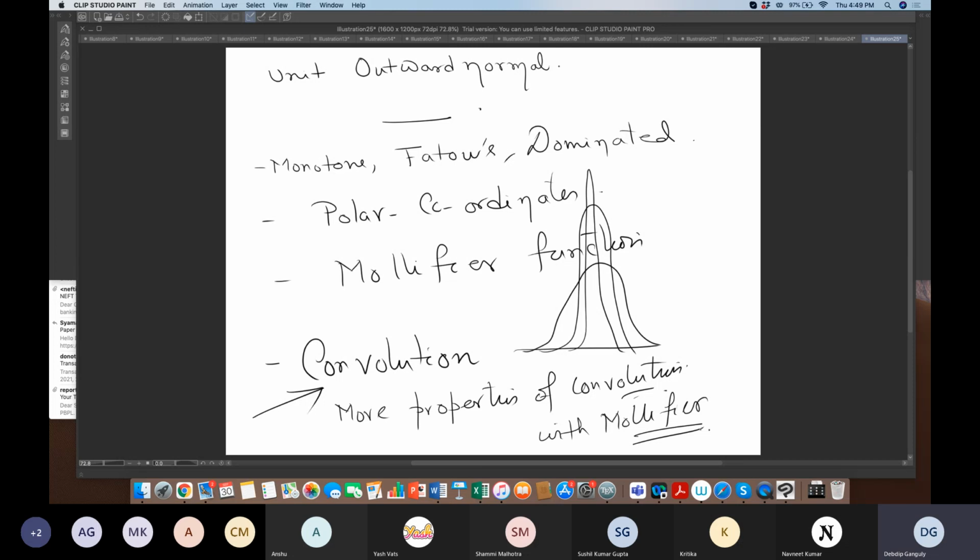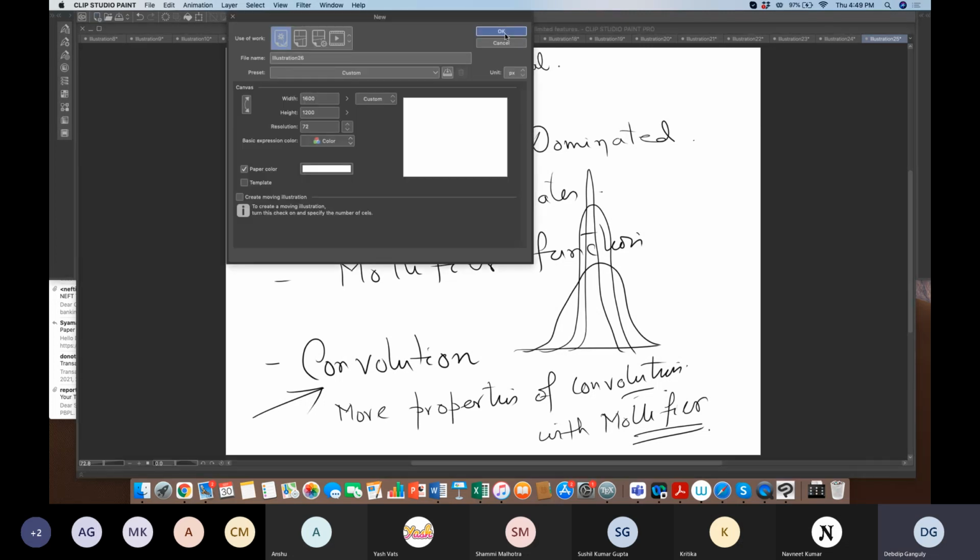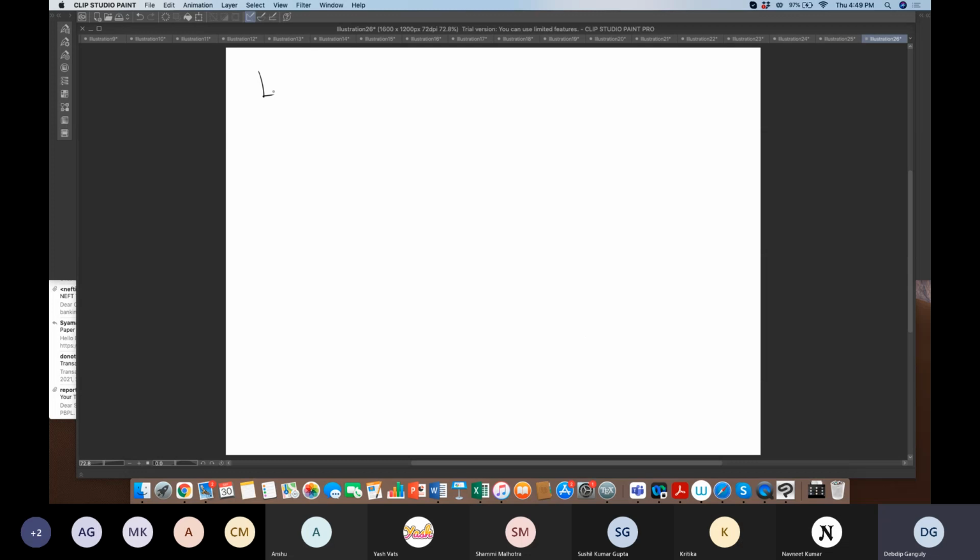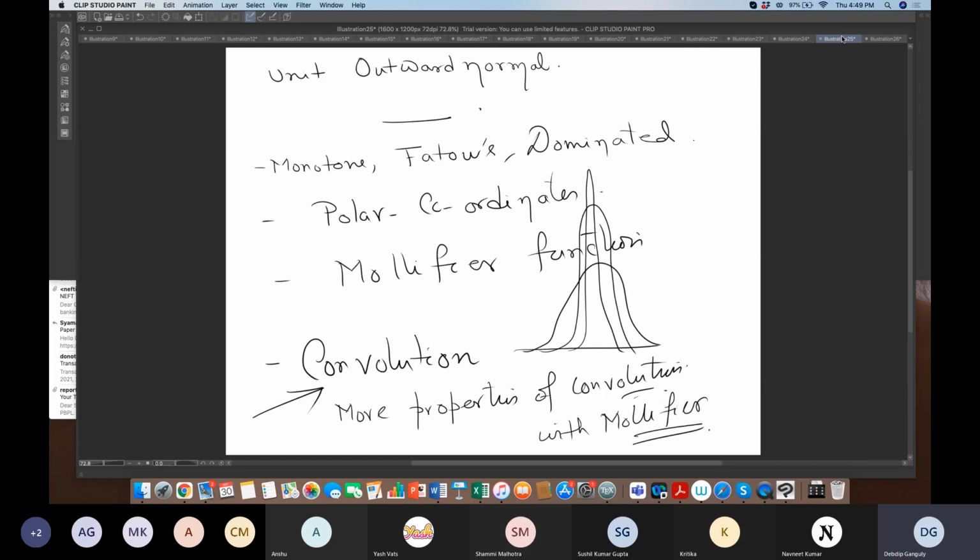And the Lebesgue differentiation theorem, we have done a new topic. Just look at the statement of the Lebesgue differentiation theorem. Okay, that's all. Come to the next class. You prepare these three, and the rest I will do. Anything else you want to ask me?